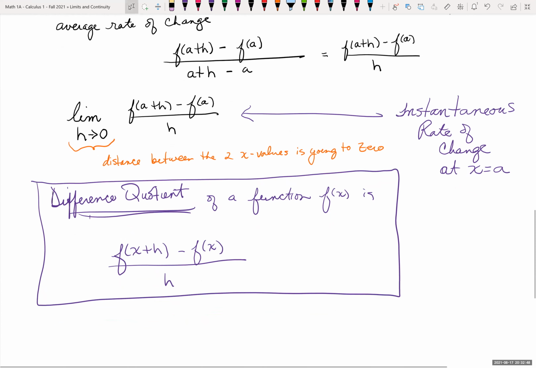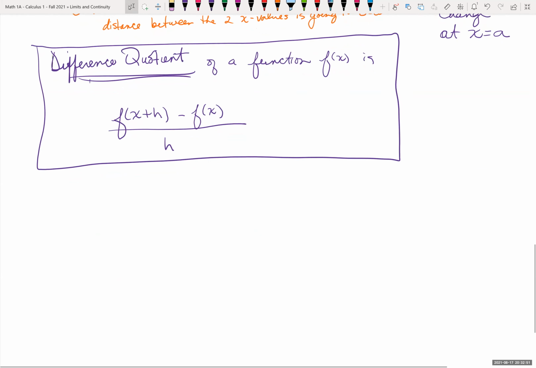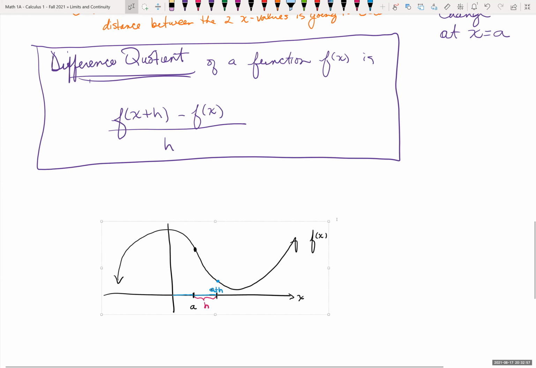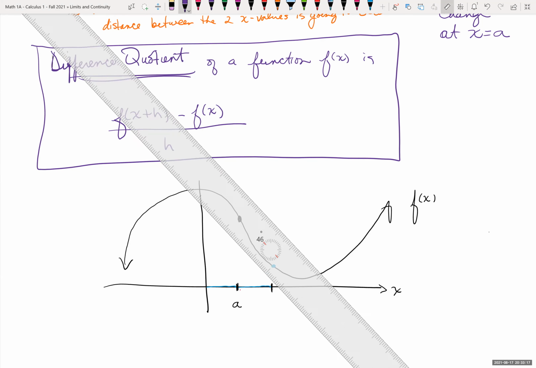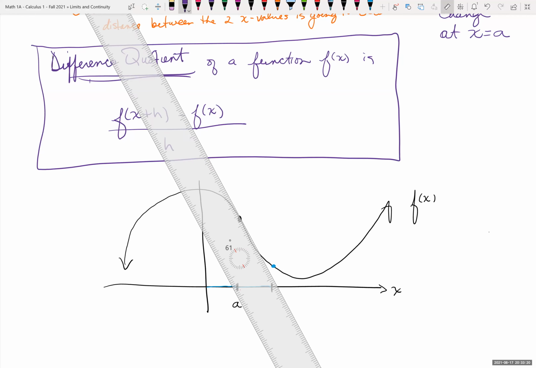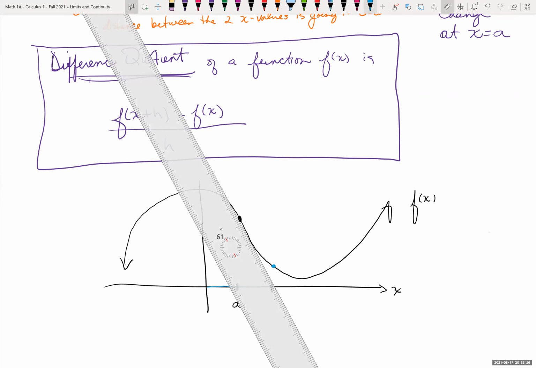So let me come back up here and paste. Okay, so if I wanted to look at this, and I wanted to find the tangent line or equation of the tangent line, what I'm doing is I'm getting that instantaneous rate of change at that particular value, x. I can't draw straight lines, that's why I'm using this tool.